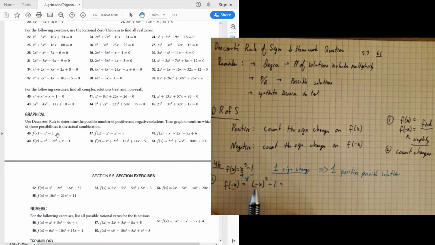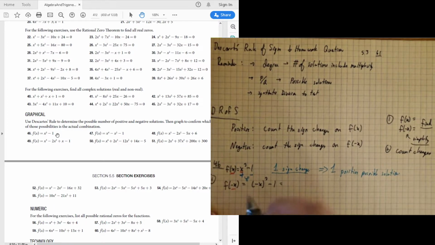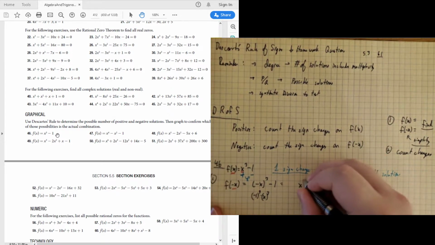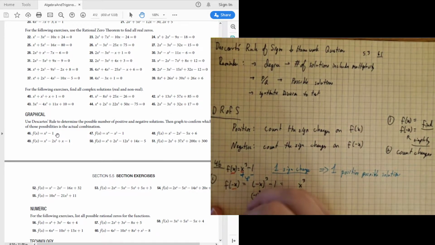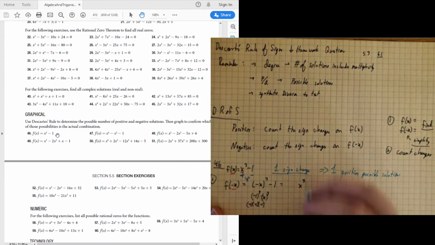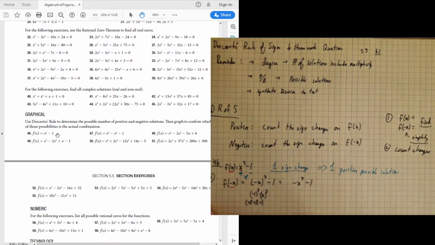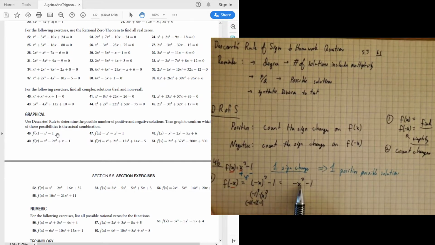The negative sign is equivalent to negative 1 cubed times x cubed. Well, x cubed is just x cubed. Negative 1 cubed just means negative 1 times negative 1 times negative 1. Negative 1 cubed is negative, which means that this is my f of negative x.